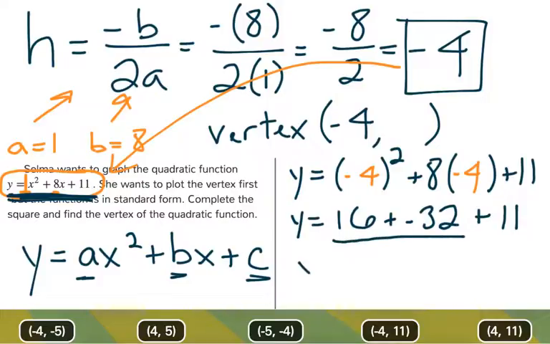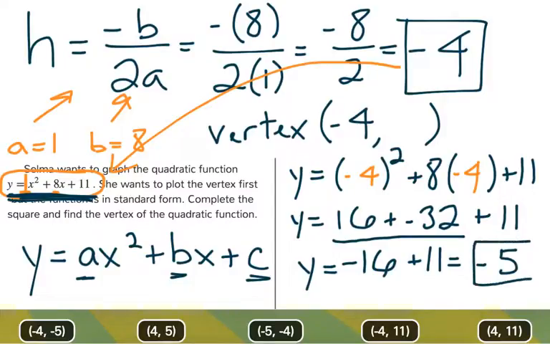If we add those together, we end up with negative 16. The answer is negative because the negative number is bigger. We still have a plus 11, and so our final answer for y here is negative 16 plus 11, which ends up being negative 5. So that is the y coordinate of our vertex. I'm going to write that here. And so that is our final answer.